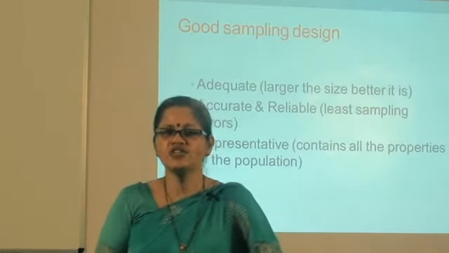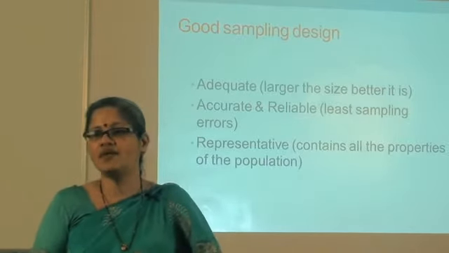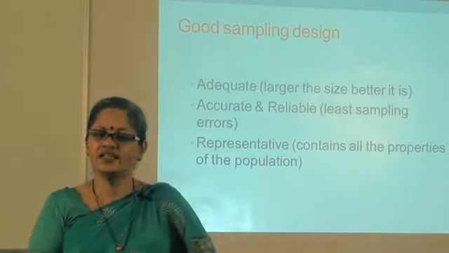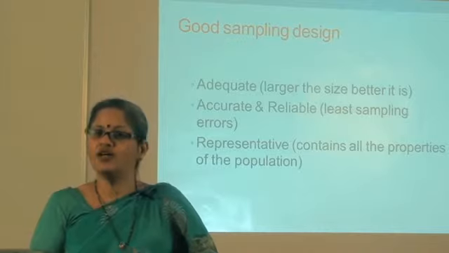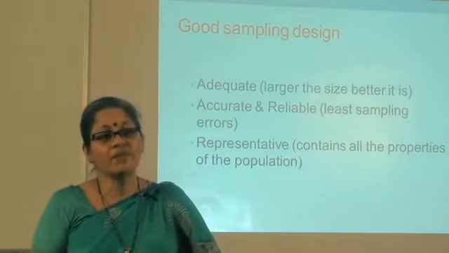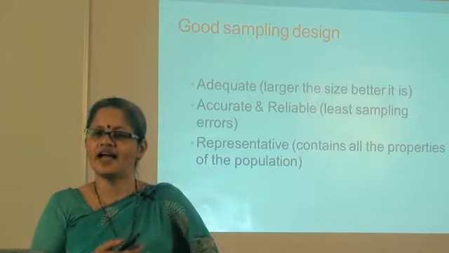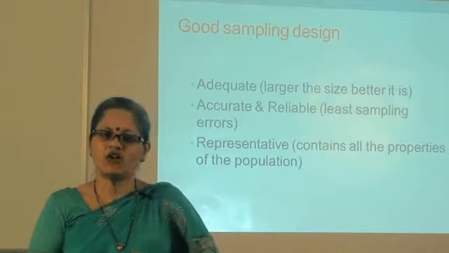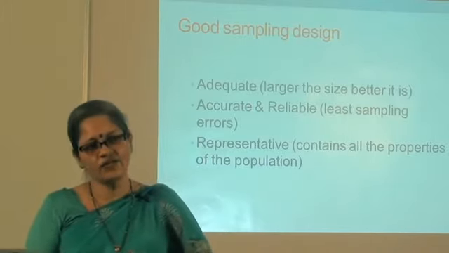So whatever findings you get on the basis of this sample will not be applicable to the whole population, because you have not considered the other part of that population for your study. So then your sample cannot be called a representative sample. If it has to be representative, then there has to be representation from all parts of that population. Then only can it be called a representative sample.